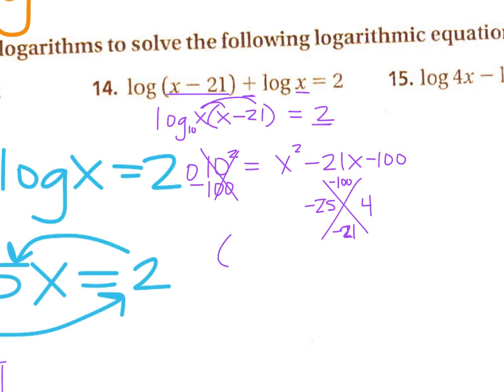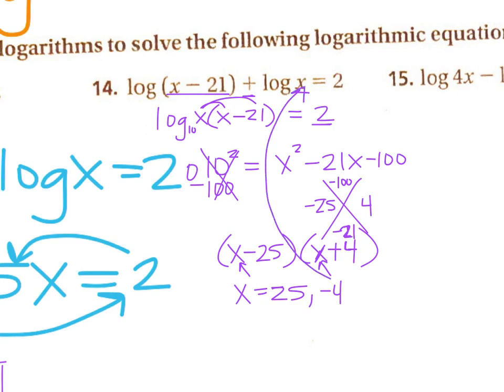So it's going to be x minus 25 and x plus 4, which means we're going to have x equals positive 25 to make this 0, and negative 4 to make that 0. But now here's the deal. If we go back up here and we plug it in, you cannot take the log of a negative number. So this does not work, and our answer is just x equals 25.